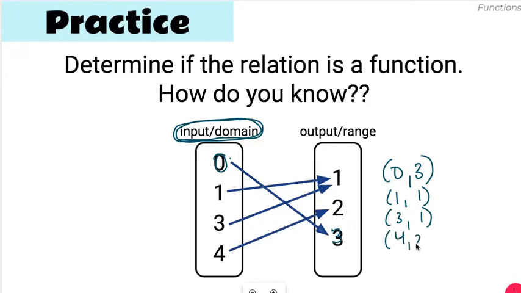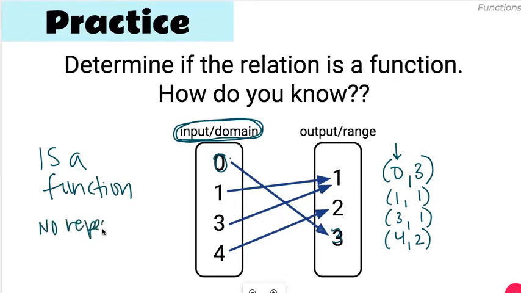Now, you do not have to write the ordered pairs down every time. You can. You don't have to. If I look here, my first element, do I have any numbers repeating? No. That means this is a function. I have no repeating x coordinates.